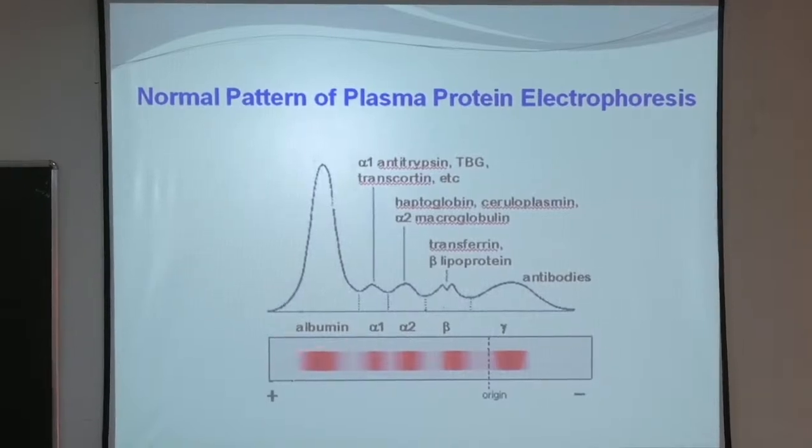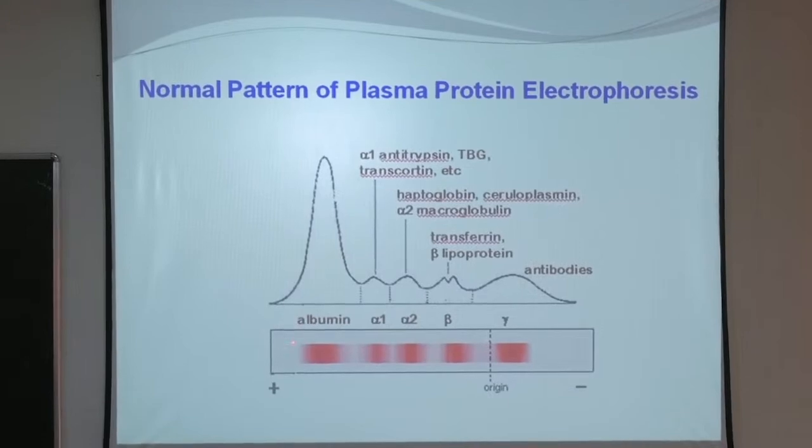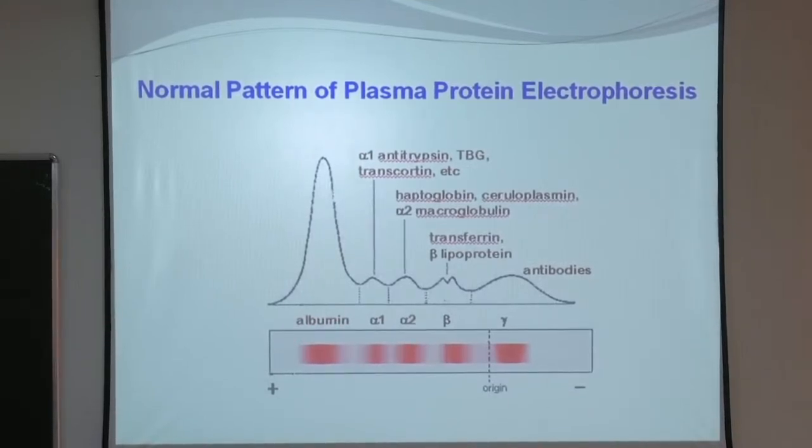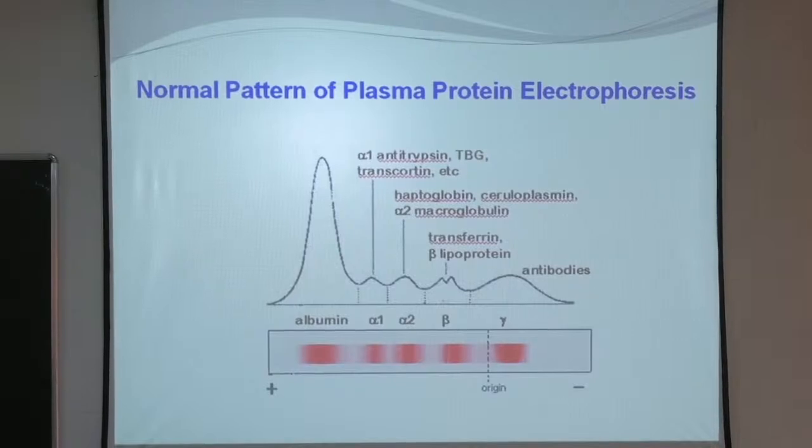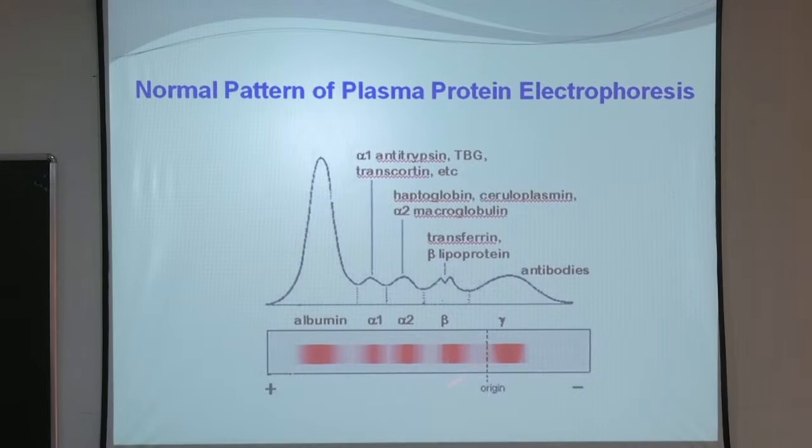You will see there is a light band and a dark band. How will you differentiate it? Definitely by the concentration. If there is high concentration, there is a dark band. If there is low concentration, it is a light band. Okay, so these all are different proteins.